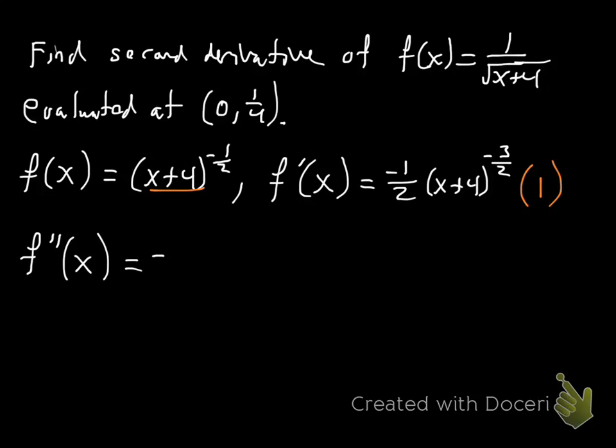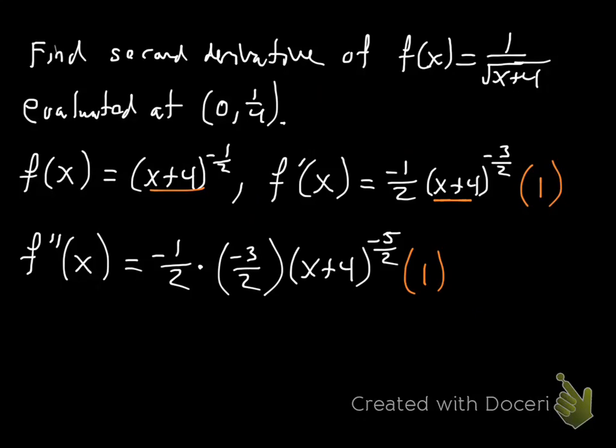If we want to take the second derivative, the negative 3/2 is going to come down. So we'll have negative 1/2 times negative 3/2 times x plus 4, subtract 1 from the exponent, negative 5/2. And then the derivative of the inside piece, the x plus 4, is again 1. So repackaging this will be 3 over 4.